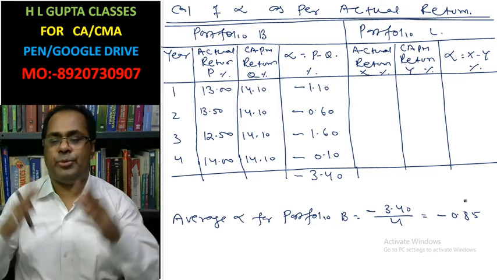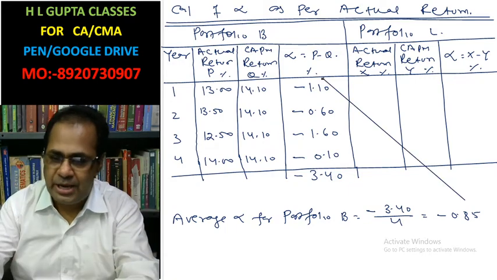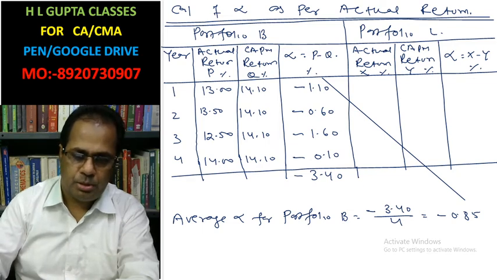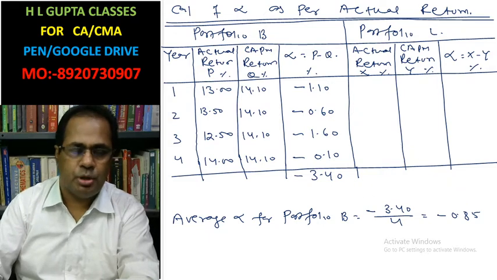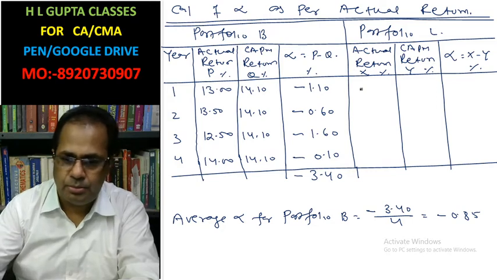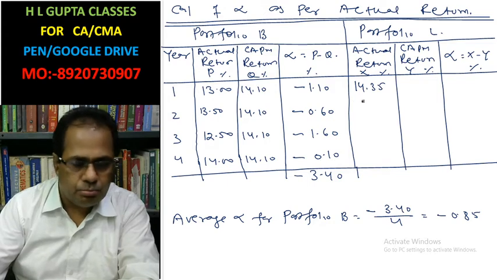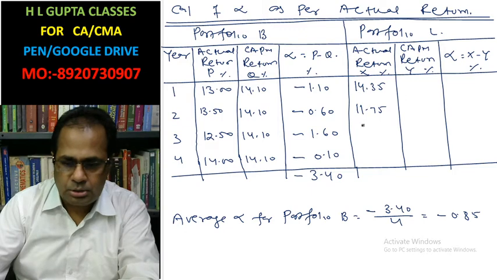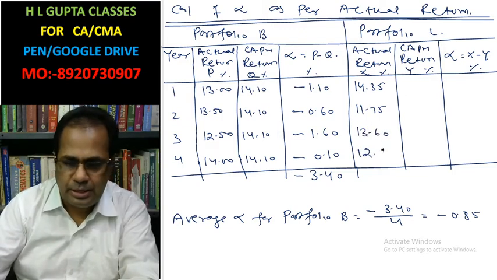Exactly the same way we have to calculate for portfolio L. What are the actual returns of portfolio L? Please see portfolio L: 14.35, 11.75, 13.60, 12.90.